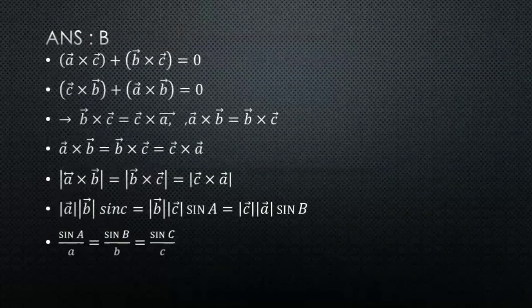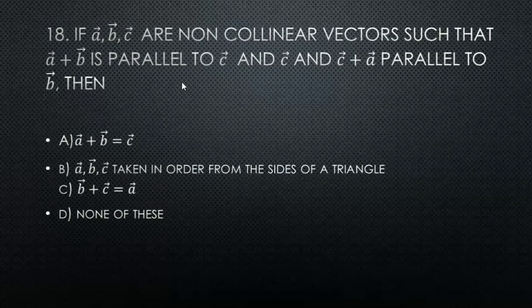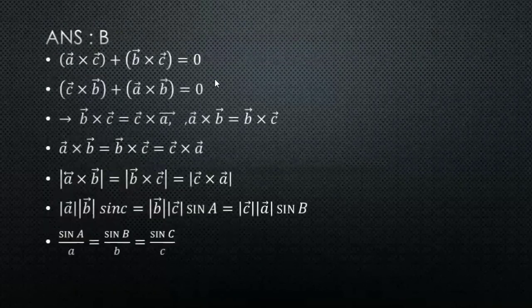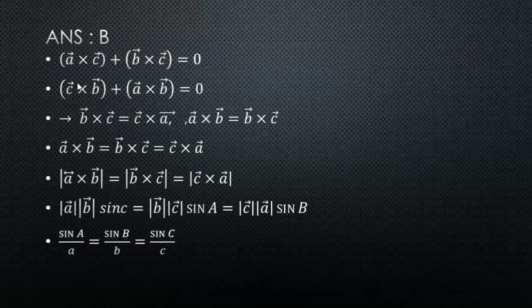By this, what can we write? A vector plus B vector cross C vector, we can write A vector cross C vector plus B vector cross C vector is equal to 0. Similarly here, C vector cross B vector plus A vector cross B vector is equal to 0.